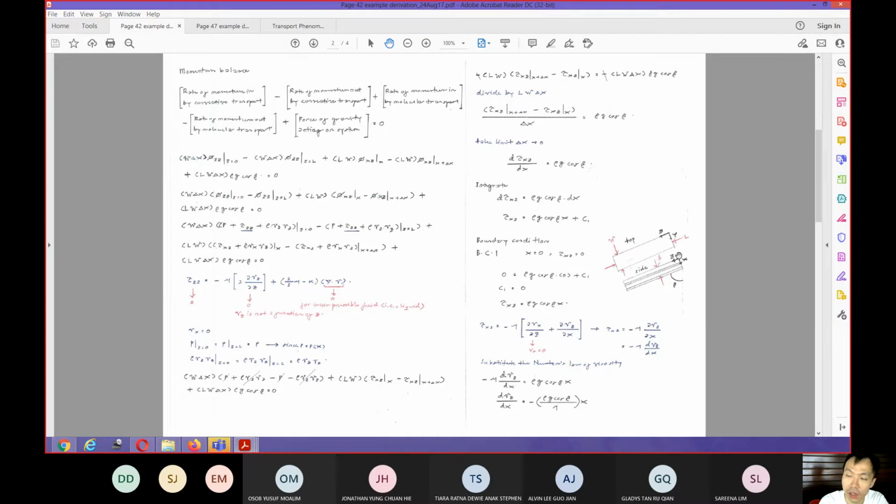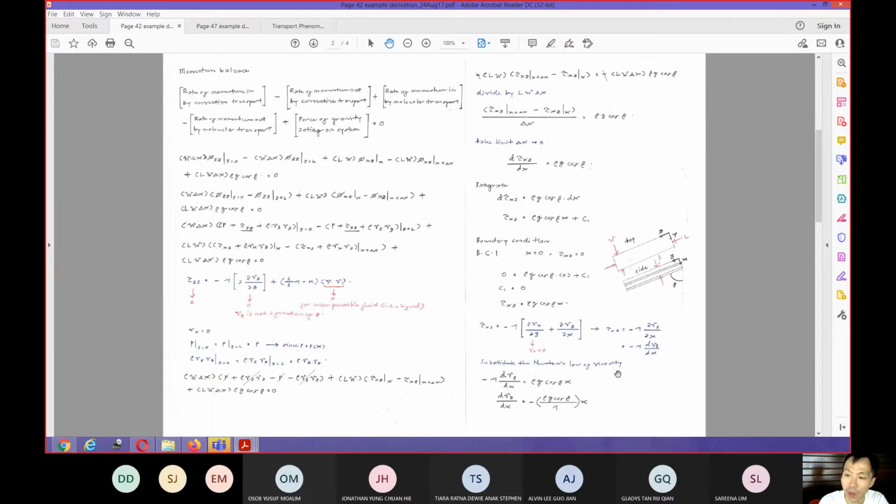Why? Because there is no velocity in this particular direction. You only have the liquid going down in the z direction. So the velocity is 0. As a result, this first term becomes 0, so you can simplify your tau xz to this, right?